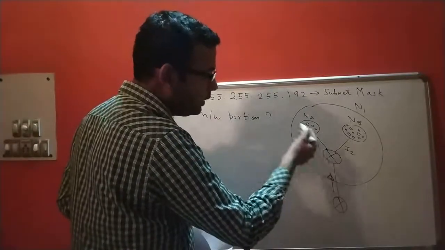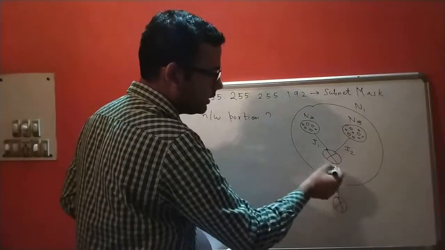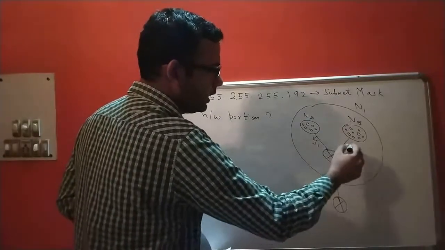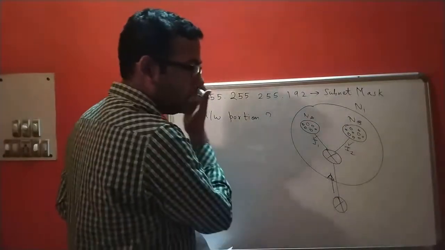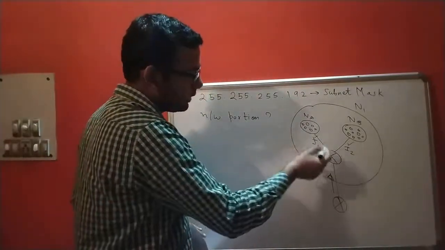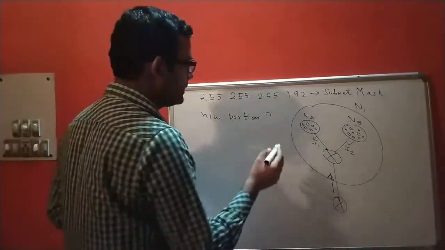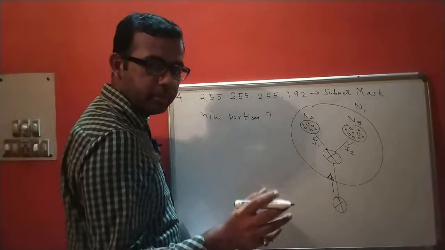So how will this routing take place? When will this internal router choose I1 and when will it choose I2? The easiest answer is to use the subnet mask.